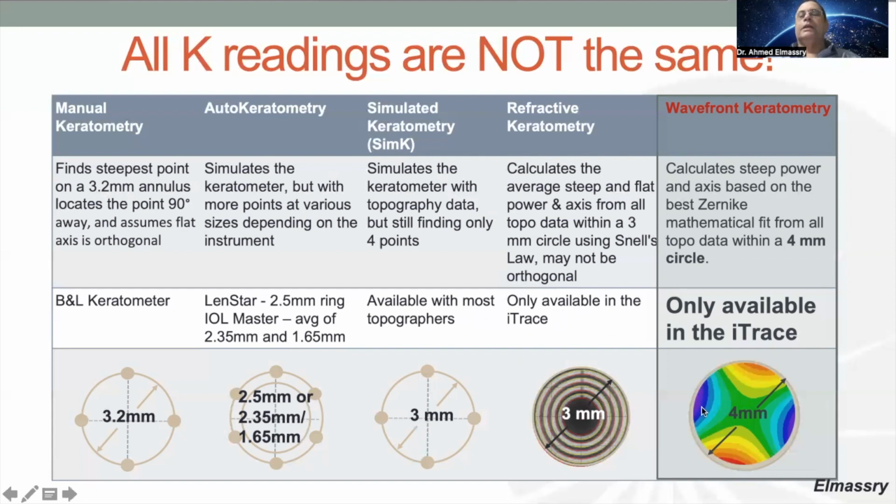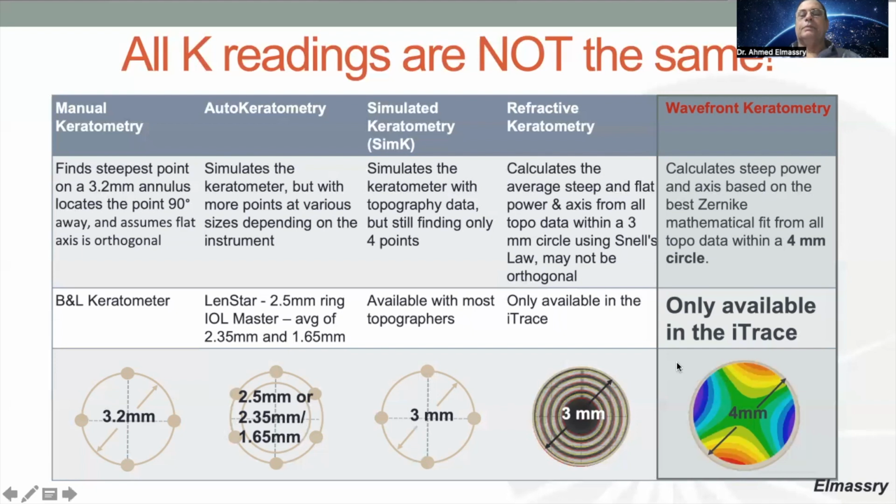Adding to it, the Zernike analysis in this topography machine will give the best wavefront keratometry, which sometimes may differ from the Sim K, and it is only available in the Eye Tracey within 4 millimeter.